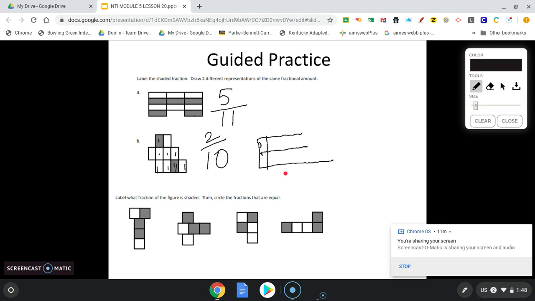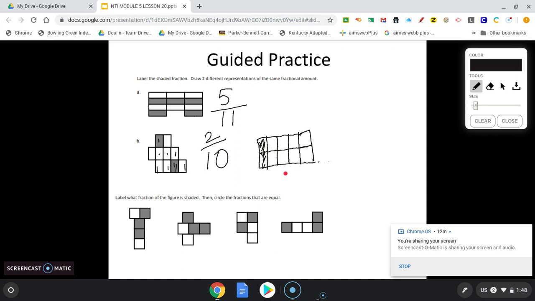Okay, so 1, 2, 3, 4, 5, 6, 7, 8, 9, 10. That's close. It's not great, but it's close. Okay, and then I'm going to shade in 2 of those. So that would be an equivalent representation, close to equivalent.